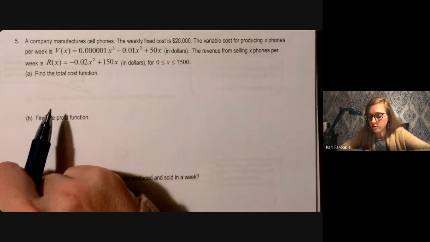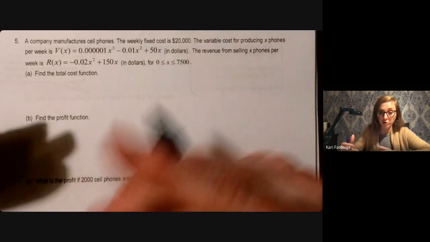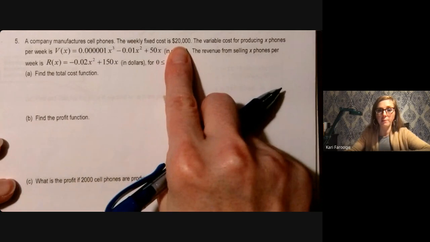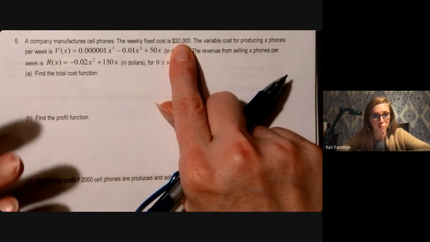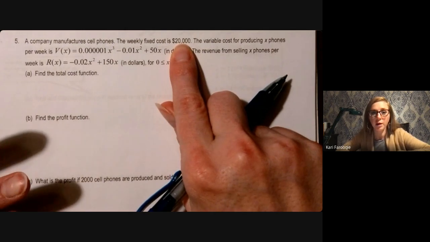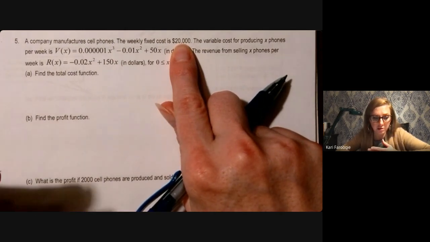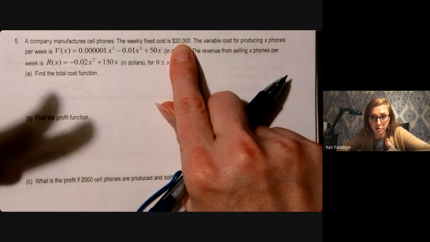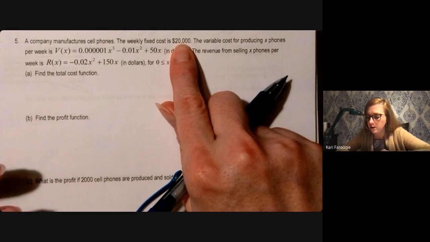Now, it's important for us to talk about what some of these quantities mean. Like, for instance, fixed costs are $20,000. Now, these are independent of how many phones you produce or sell. Fixed costs might be just your payroll, how much you have to pay the employees. I mean, you still have to pay them regardless of how many phones you sell or produce.